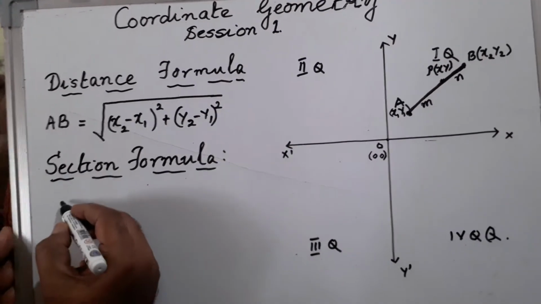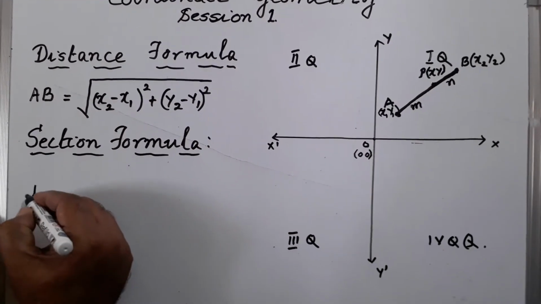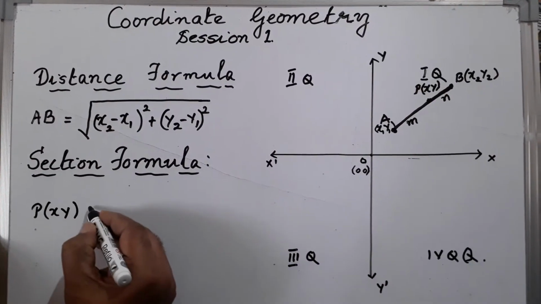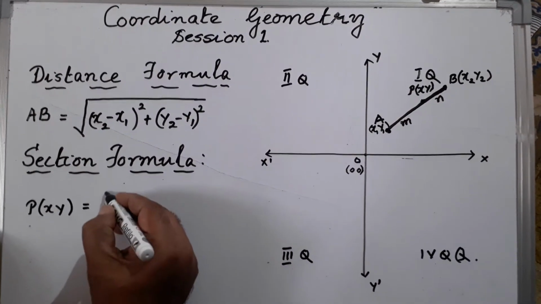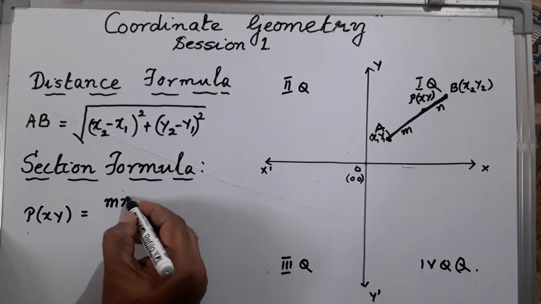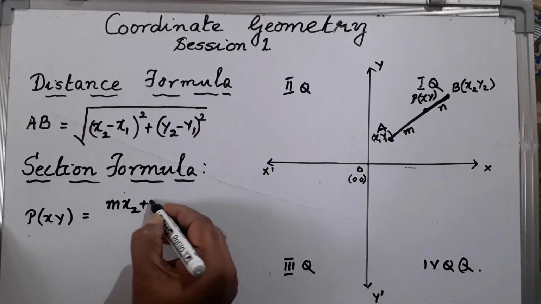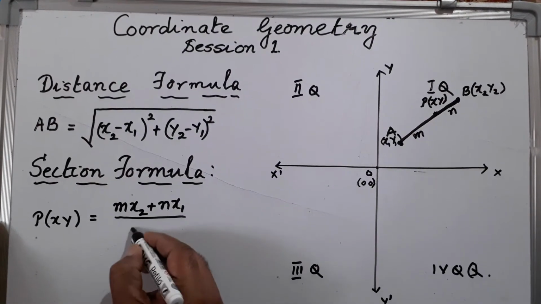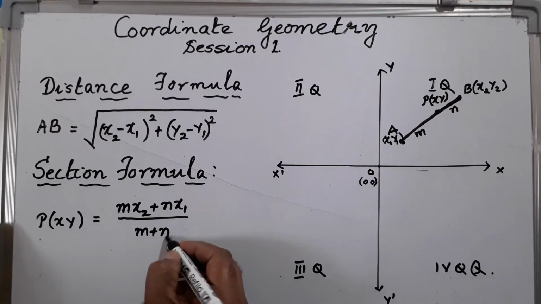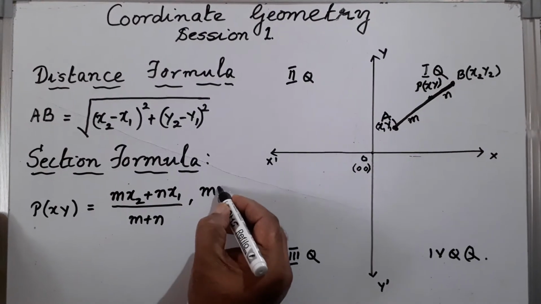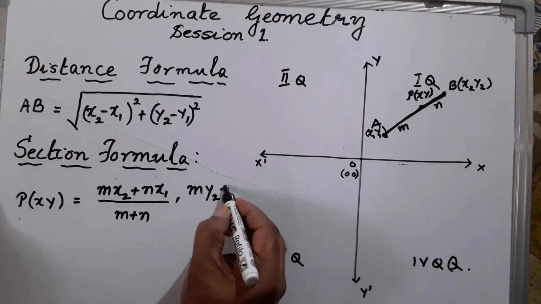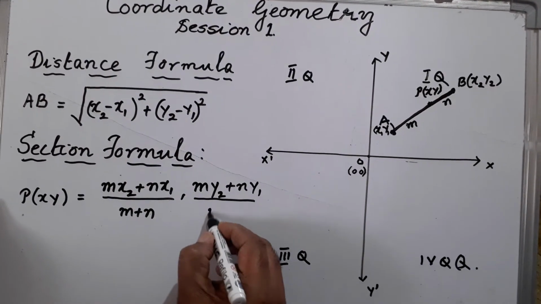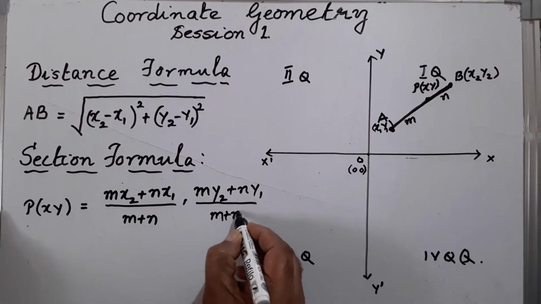Now, the coordinates of P, (x, y), is given by (m x2 plus n x1) divided by (m plus n), (m y2 plus n y1) divided by (m plus n). This is the section formula.